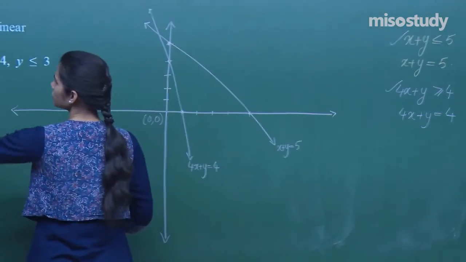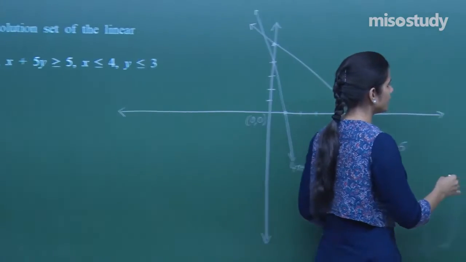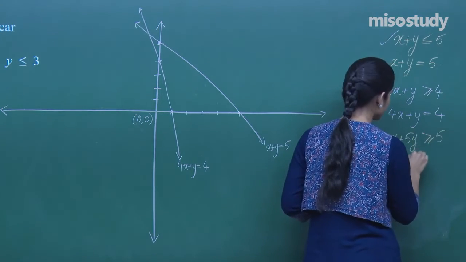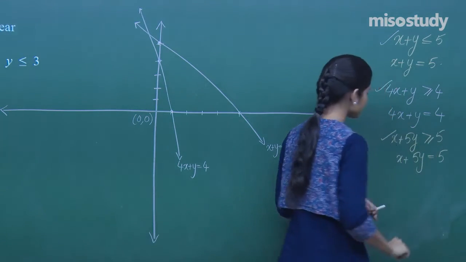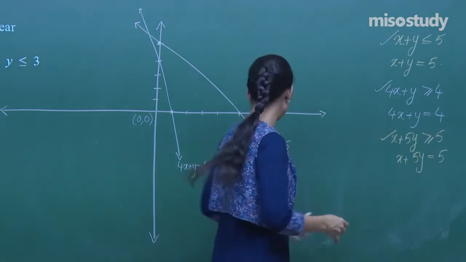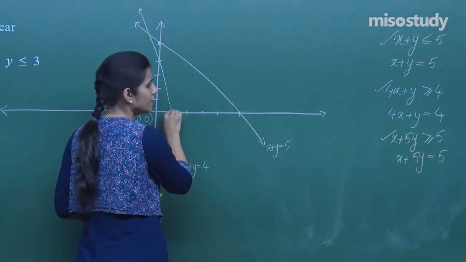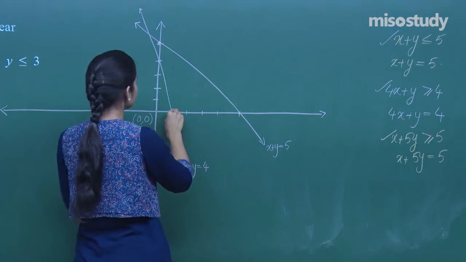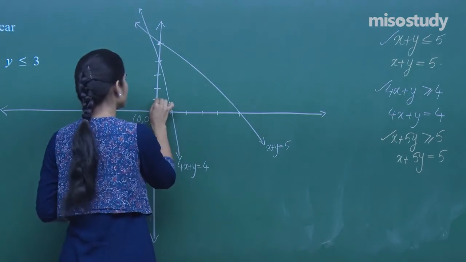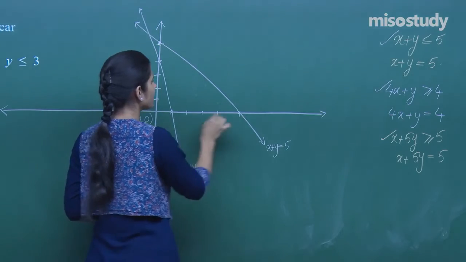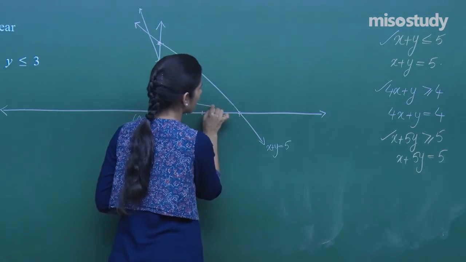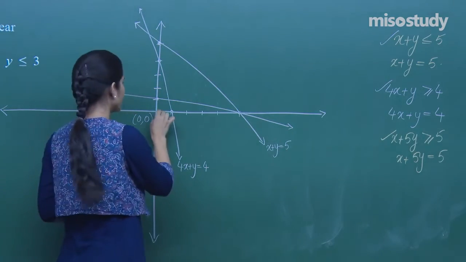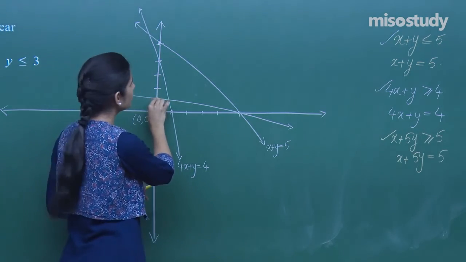Let's talk about some more inequations. We have x plus 5y greater than or equal to 5. You consider x plus 5y equal to 5. When x is 0, y is 1, and when y is 0, x is 5.